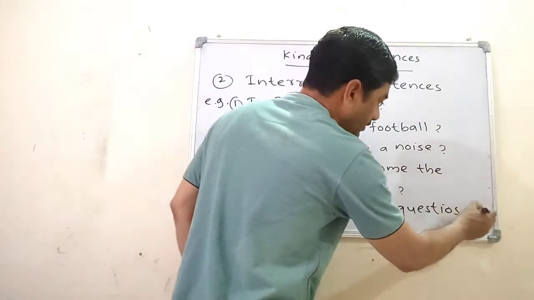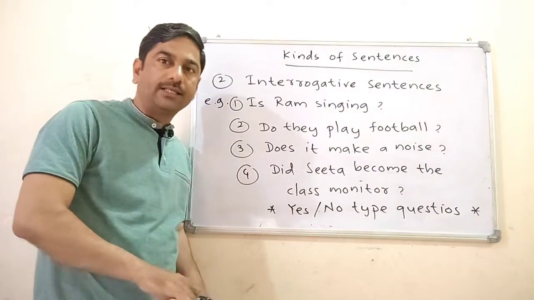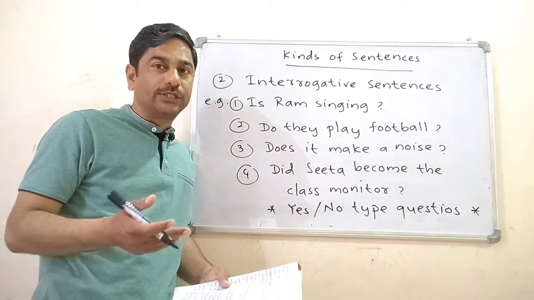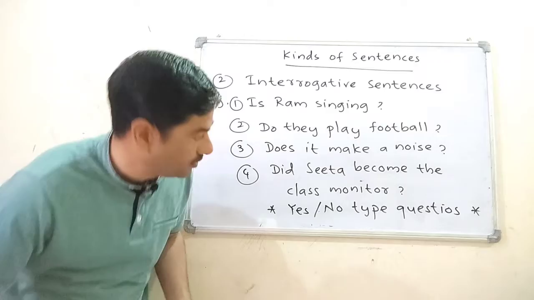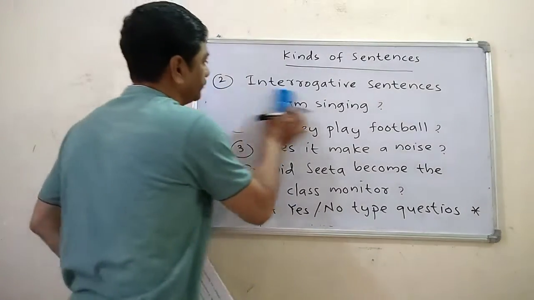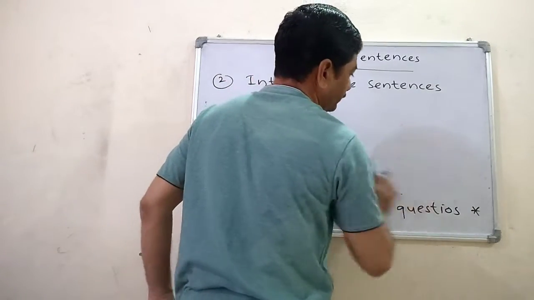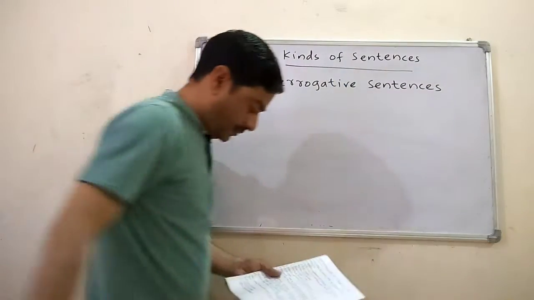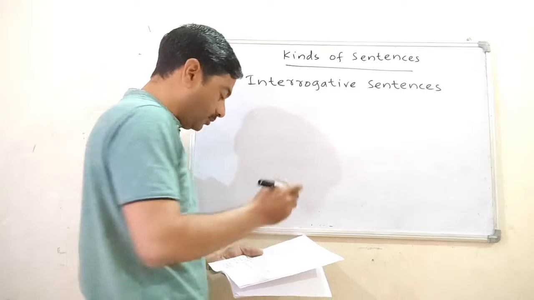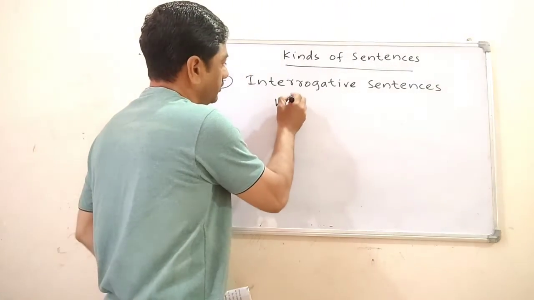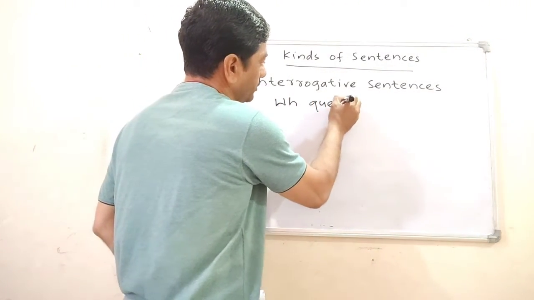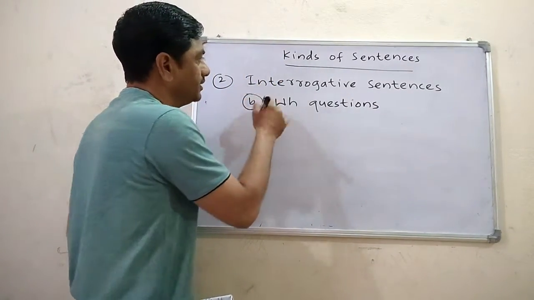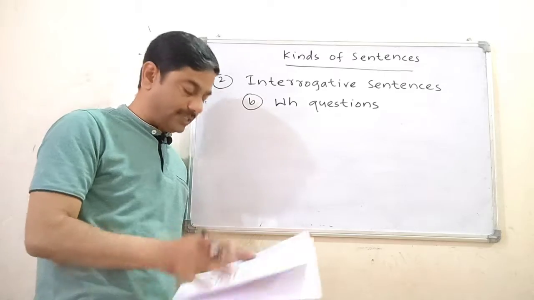There is another type of interrogative sentences, and that is WH questions. Another type is WH questions. This is the second subtype of interrogative sentences.